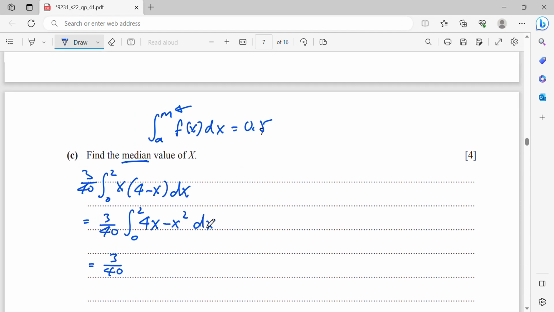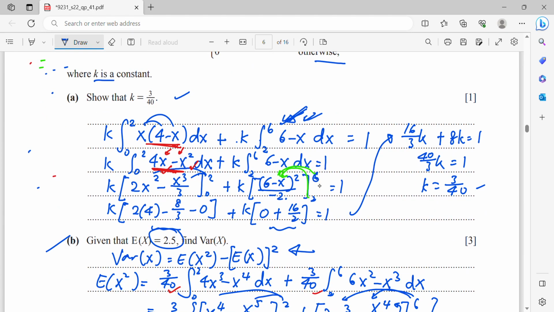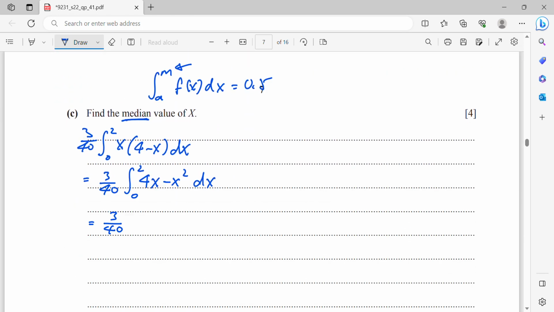So let's check the integration we already found just now. Okay, it's here. So I will just jump the steps from here, or probably just copy back these two steps. So 2x squared minus x cubed over 3, from 0 to 2, then 3 over 40.